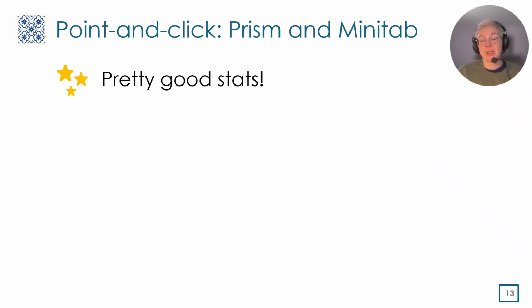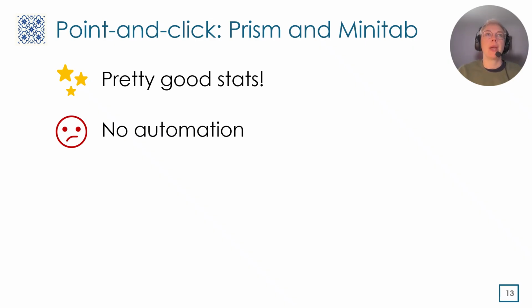What's really nice with this software, though, compared to Excel, is they have pretty good stats, not 100% complete, but really good stats. Unfortunately, there is not really an automation capability in either software. It's rather limited. I think the reason is Prism was mostly built to work in universities, right?